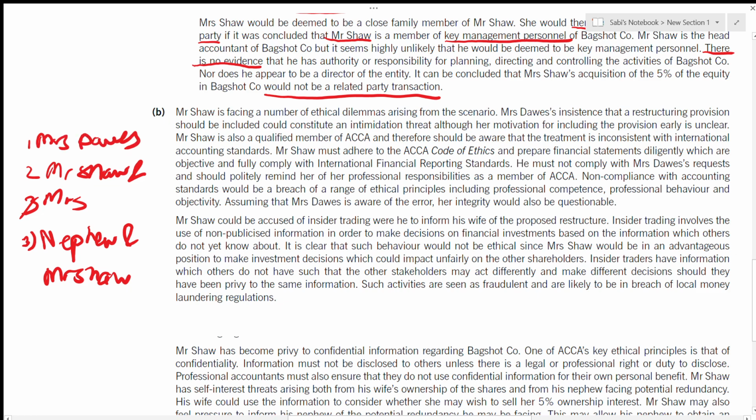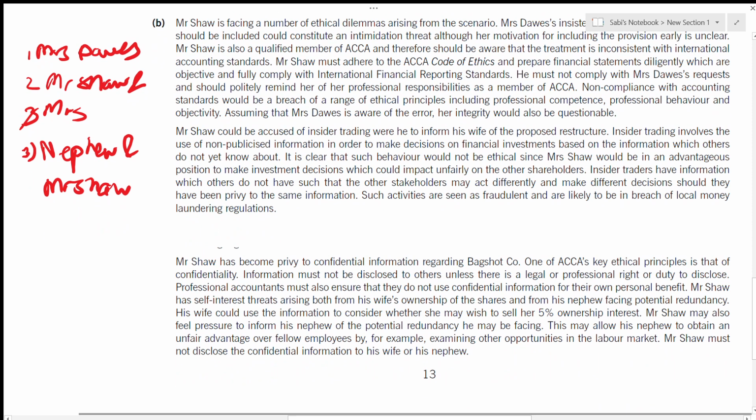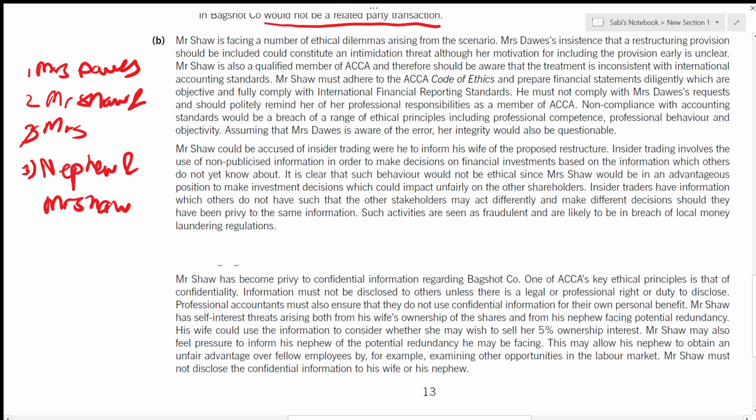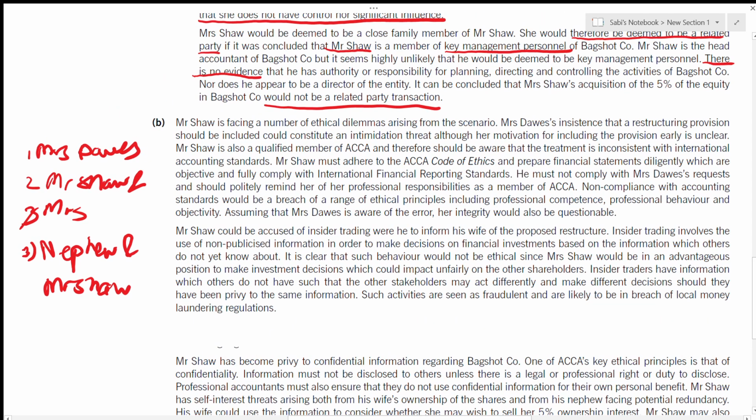So these are the three things: Mrs. Davis and Mr. Shaw, Mrs. Shaw, nephew and Mr. Shaw. So these are the three ethical dilemmas which could arise, right? Okay, and finally it comes to recommendation, right? But you can identify more than this also.